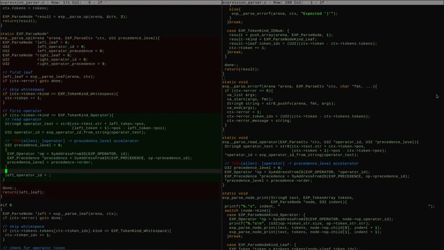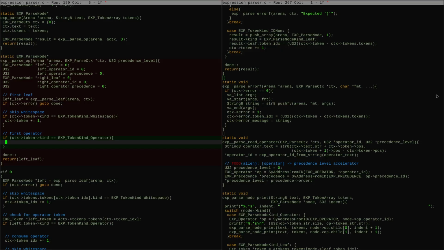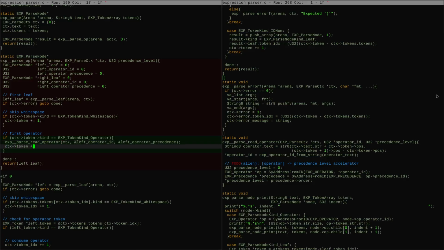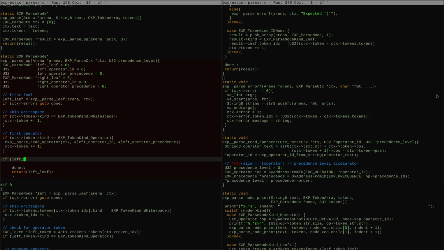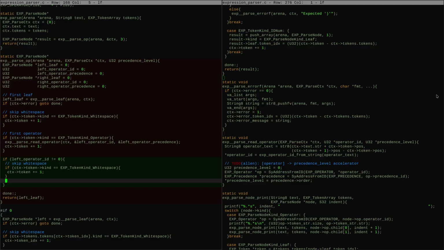Okay, so that I think becomes something like: now if the left operator ID does not equal 0, then we're going to do more, right?